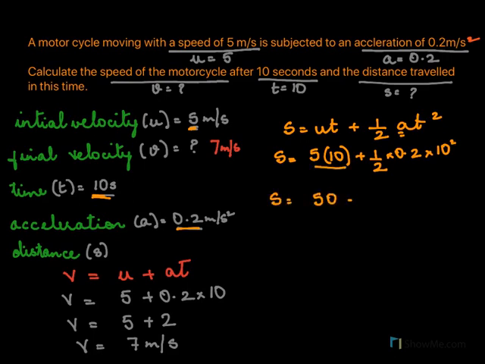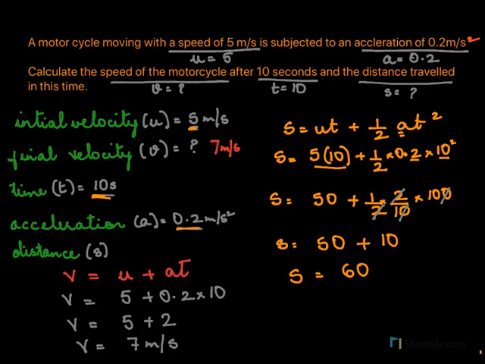S equal to 5 into 10 is 50 plus half. Now 0.2 means 2 over 10, and 10 square is 100. The 2 will cancel, this will cancel. So what remains is 50 plus 10. So the distance is 60 meter.